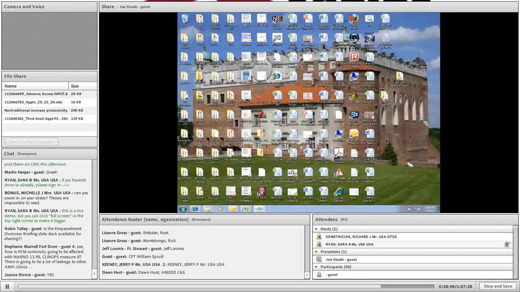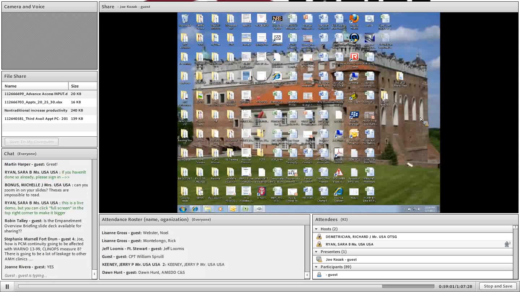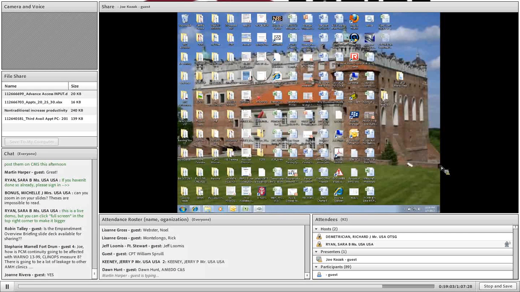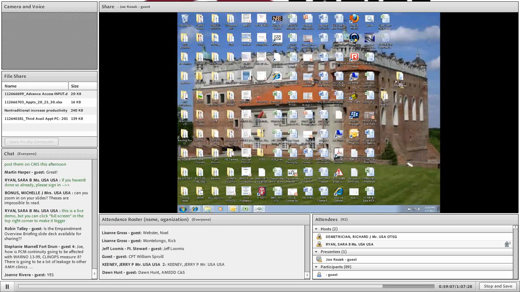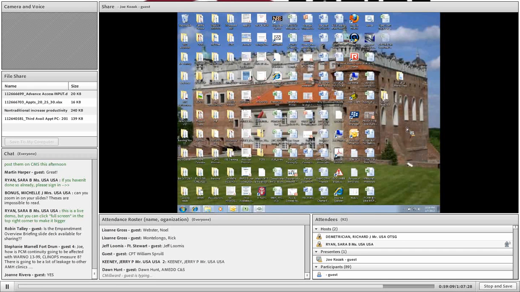Can you zoom in on your slides? These are impossible to read. My slides were actually as big as I could make them. It shows the same thing as in the guidance.